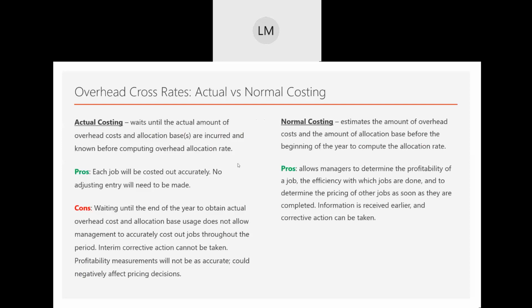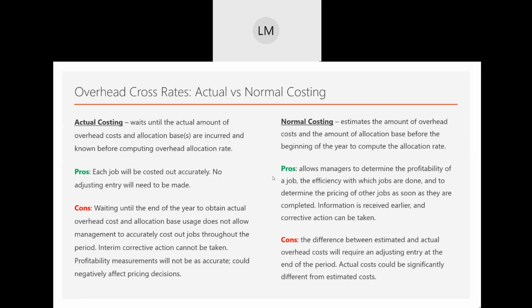Under normal costing, if I do have some type of overhead cost assigned, my overhead allocated to the job may not be completely accurate, but at least I've got a general sense of how much overhead that job is taking. So if I see some variances or issues, I can take corrective action earlier instead of having to wait until the end of the year, when I can't make any corrective actions.